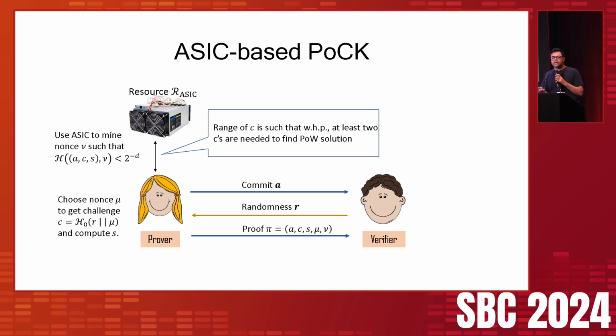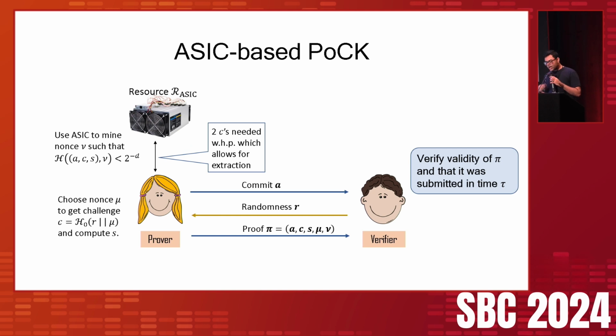And finally, when such a solution is found, you can just take that one solution and send it over to the verifier. So the solution here consists of not just the Sigma protocol transcript, but also these 2 nonces, U and V. And now what the verifier does for verification purposes is it can verify the validity of the Sigma protocol transcript and also the proof of work mining puzzle, and also verify that the proof was submitted in some parameterized time tau.